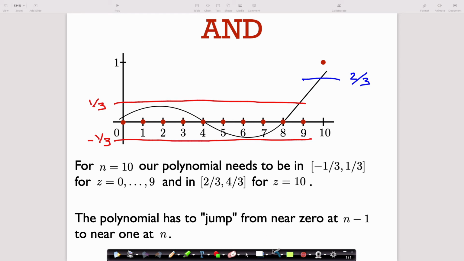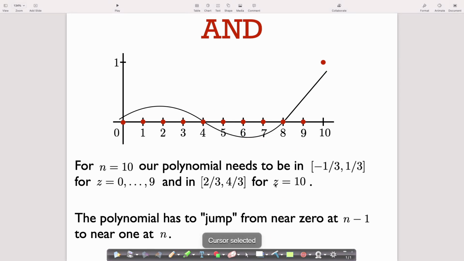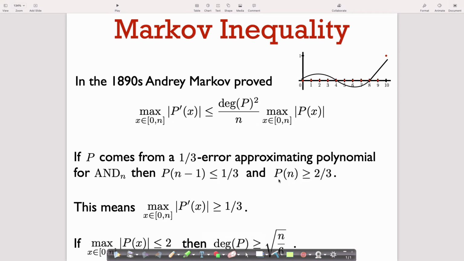More precisely, we can use a theorem of Markov. This is a theorem of Andrei Markov, who showed the following.